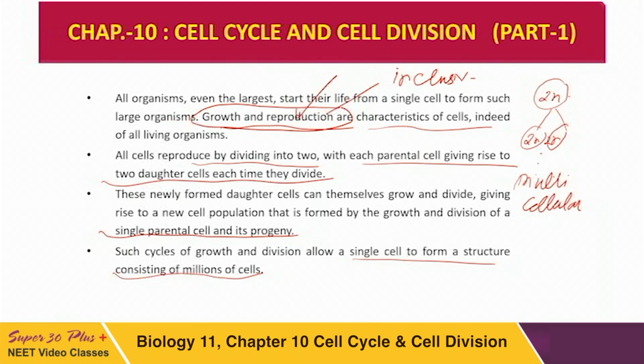In prokaryotes and unicellular organisms the terms are inclusive, while in multicellular organisms growth and reproduction are exclusive events. And the population of organisms will increase because of cell division.